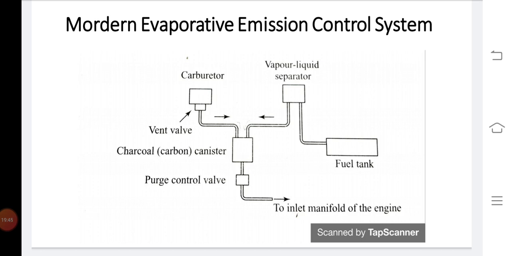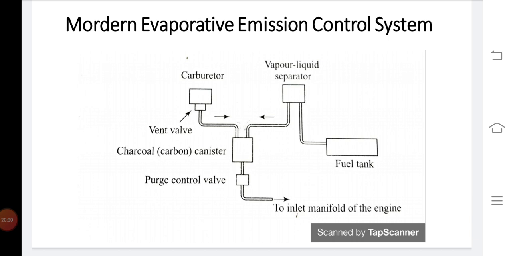Okay, so without proper design or without proper purging, you cannot draw the fuels from the charcoal canisters. So purging is also a very important technique.